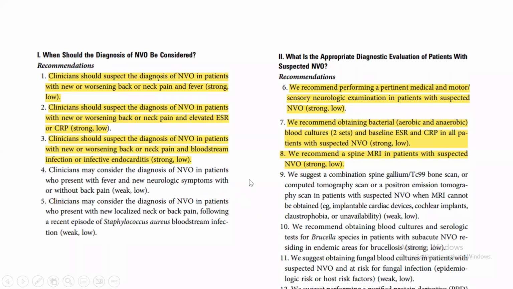For diagnostic evaluation, it was recommended to perform a thorough medical and motor-sensory neurologic examination, and then obtain blood cultures, two sets, one aerobic and one anaerobic, and baseline inflammatory markers for suspicion of osteomyelitis. They also recommend spinal MRI for strong suspicion of NVO.